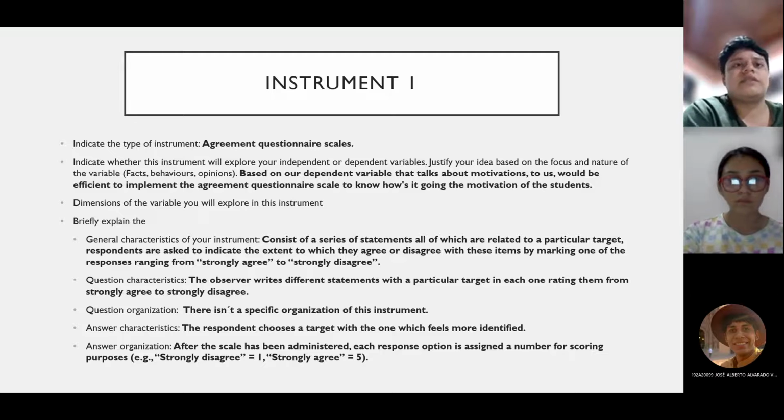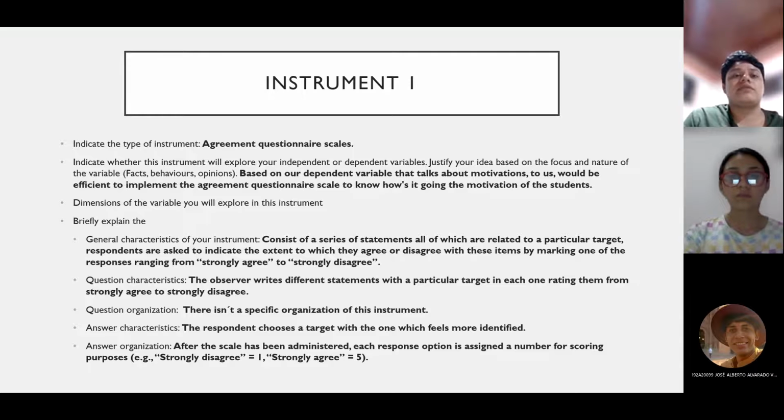The general characteristic of our instrument consists of a series of statements, all of which are related to a particular target. Respondents are asked to indicate the extent to which they agree or disagree with these items by marking one of the responses ranging from strongly agree to strongly disagree.